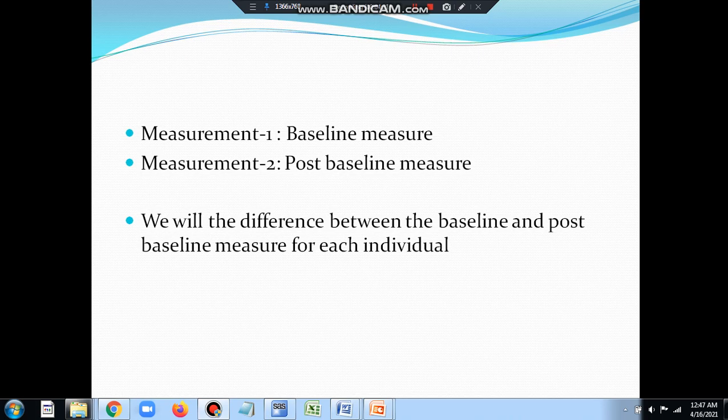Then we want to see the difference between the second measurement and the first measurement, how much the difference is, and whether this difference is due to random chance or there is a really significant difference that cannot be explained by random chance.